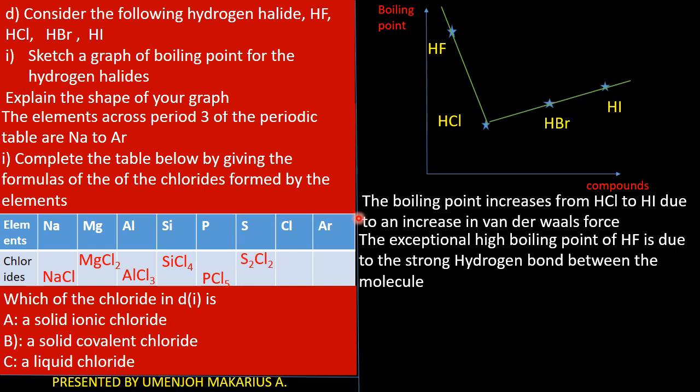For sulfur, we have S2Cl2. For chlorine, it is just going to be the chlorine molecule, guys. And argon is already a stable element, right? So it has no chloride, it does not form a compound, so we can just put a dash. Good. Like I said, you could choose to write PCl3, that's up to you. If you write PCl3 and PCl5, no problem, but you won't get any extra mark. There's also another chloride for sulfur, so maybe I should indicate this one: SCl2. Good, you can still give this one and you'll be on track.